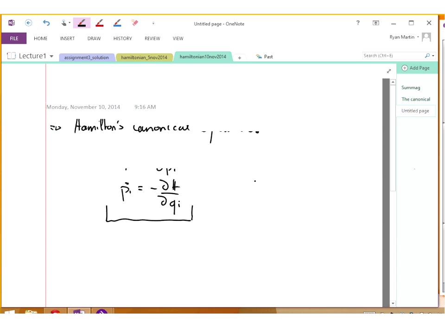So these are the equations of motion in the Hamiltonian formalism.